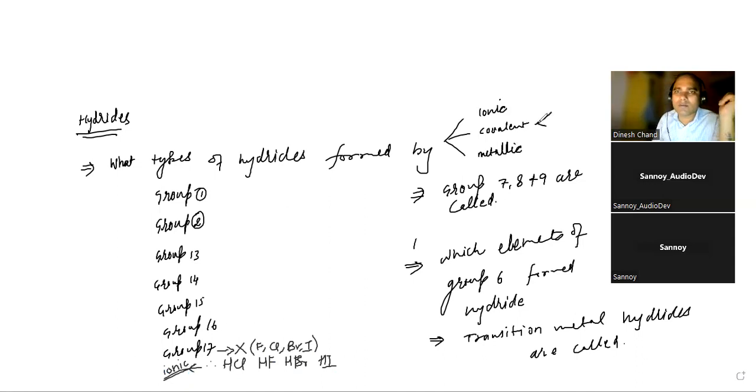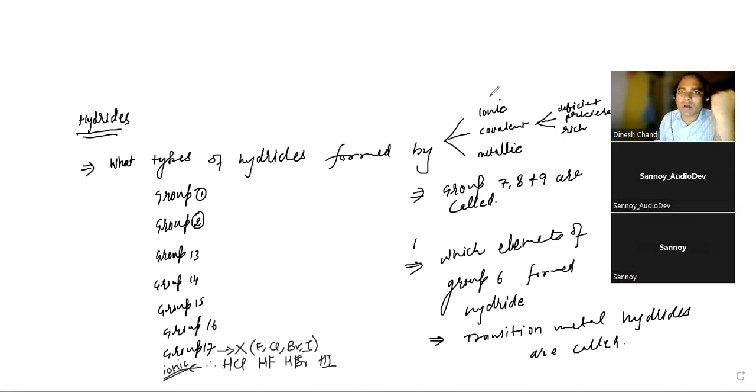Covalent we have done, three types. The first is electron deficient, second is electron precise, and third is electron rich.